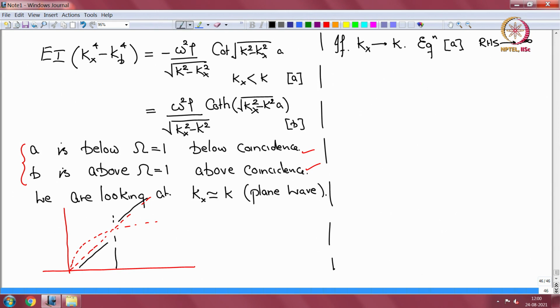Sorry, we are looking at equation B here.